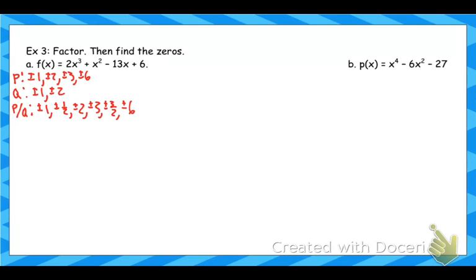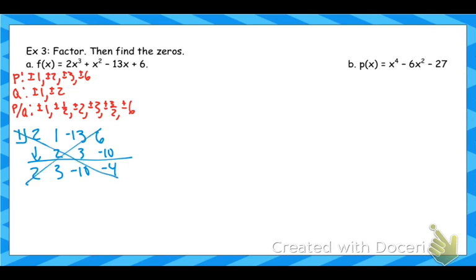All right, let's start with an easy value to test. Let's start with 1. I'm going to list my coefficients and do synthetic division. I get a remainder of -4, which means that 1 is not a zero of this polynomial. So I have to try another number. Remember, we could do plus or minus.